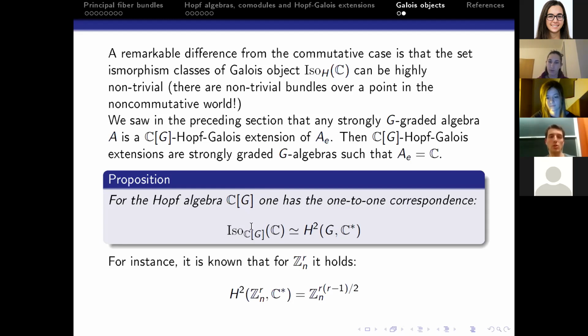So it is exactly what I said at the beginning. We are considering the most trivial example of a non-commutative principal bundle, which is just over a point, and even in that case the isomorphism classes are highly non-trivial. So we have a lot of stuff in this space.